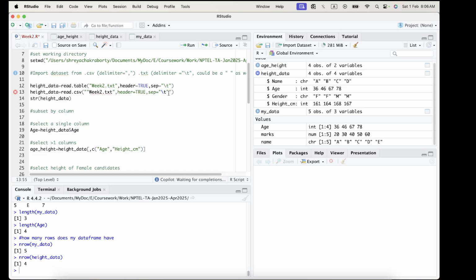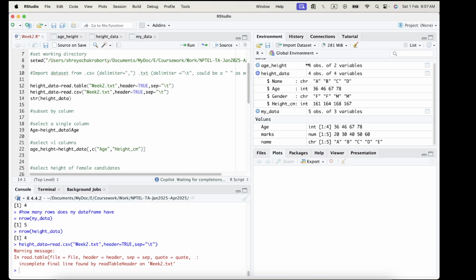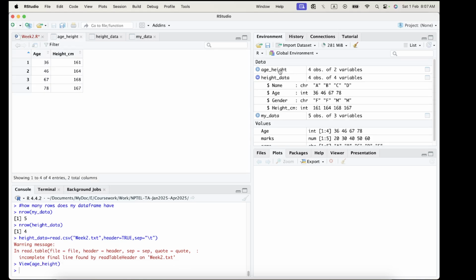But we have to be mindful in this case, because CSV automatically assumes that the separator is a comma. So if you are using CSV, then you have to explicitly specify that no, the separator in my file is actually a tab. This will also work.